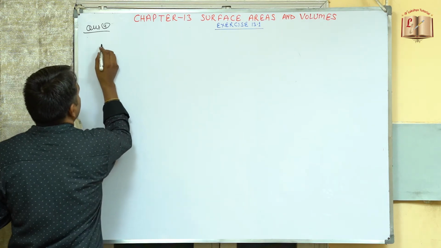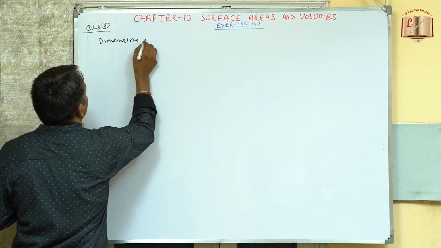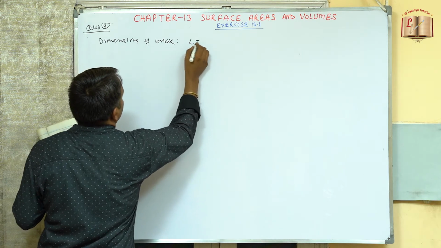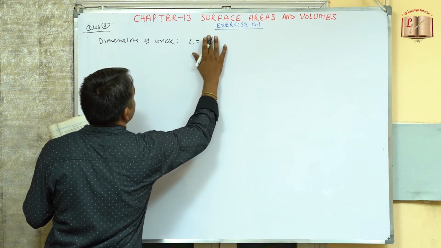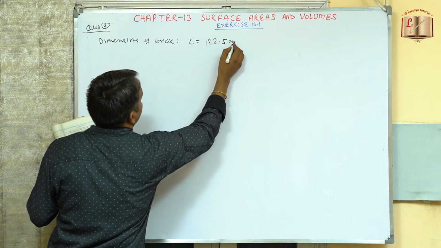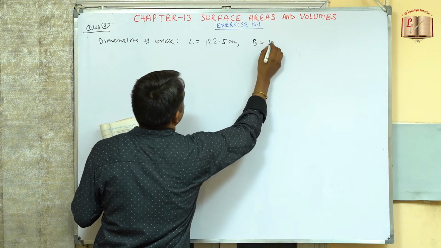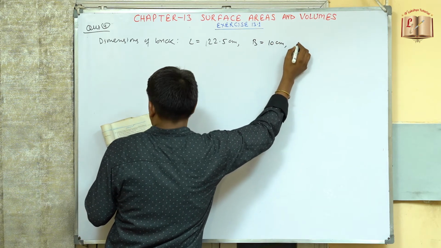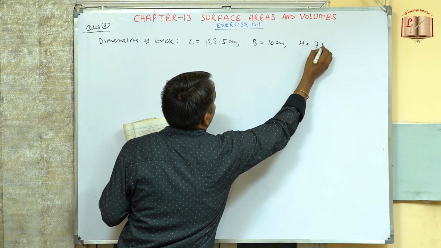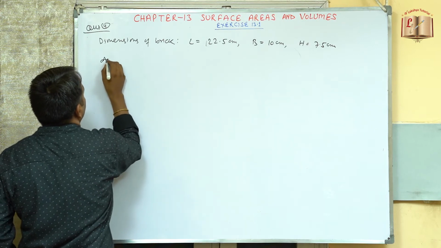The brick is cuboidal in shape, so we use the surface area of a cuboid. The dimensions of the brick are: length is 22.5 centimeter, width is 10 centimeter, and height is 7.5 centimeter.